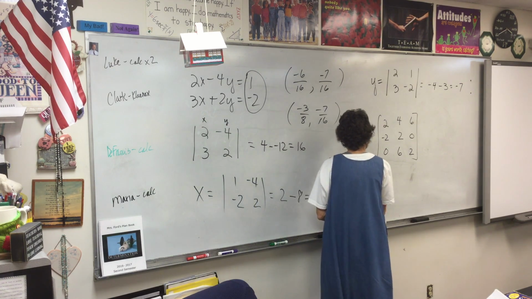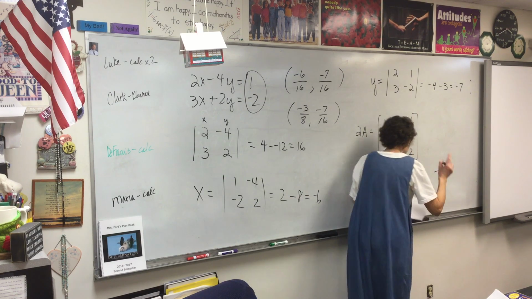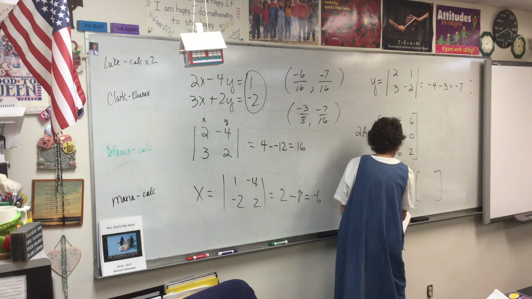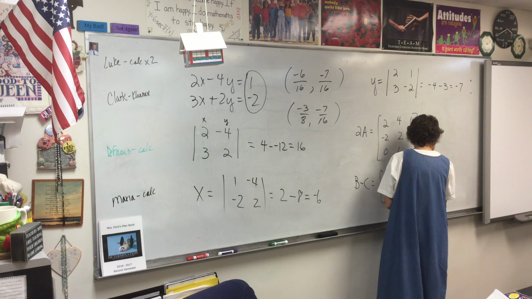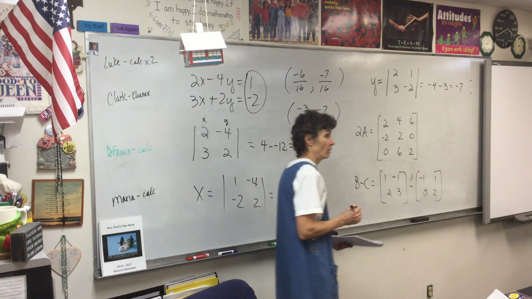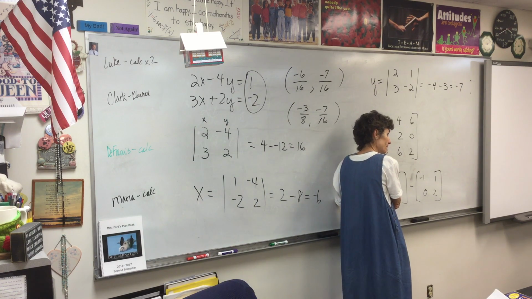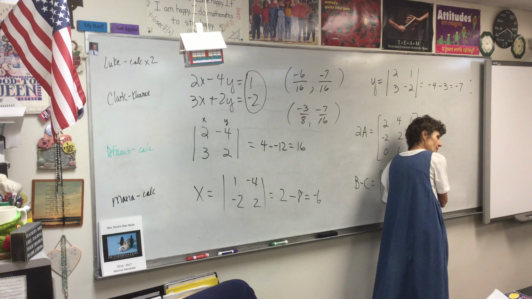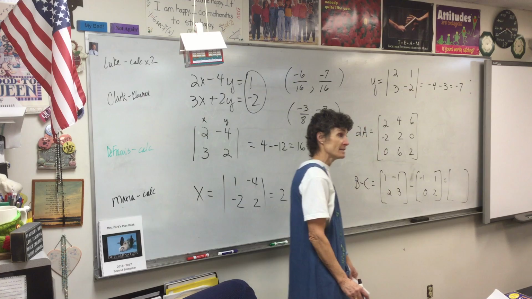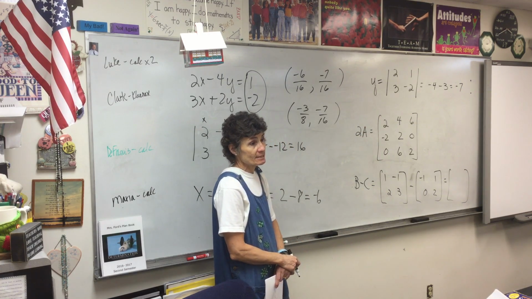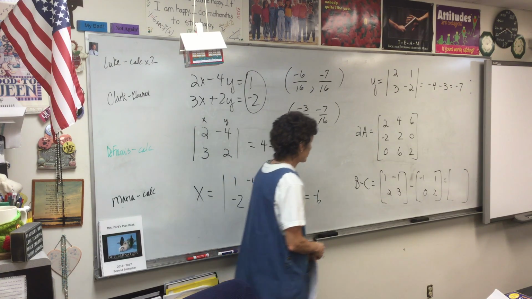How about B minus C? Now, first of all, you need to make sure you can even do it, because remember, some of these problems aren't even doable. Is this one doable? Yes, because we have a 2 by 2 minus another 2 by 2. And the rule for subtraction and addition is they have to be the same size. The boxes have to be exactly the same size. So what do we get?